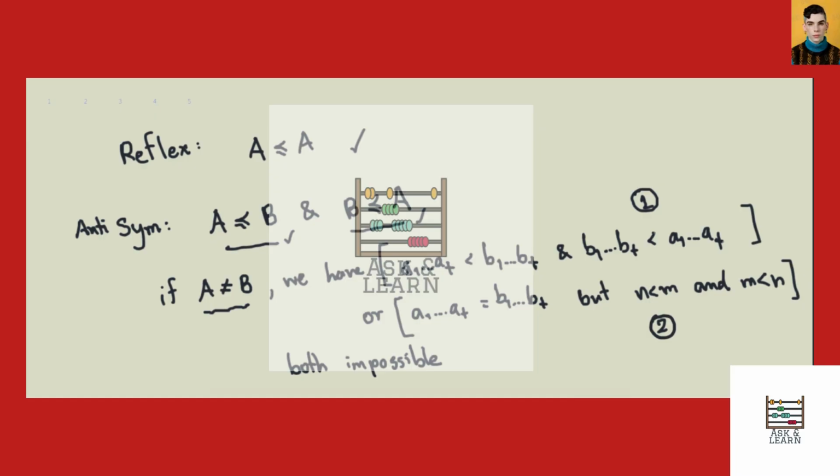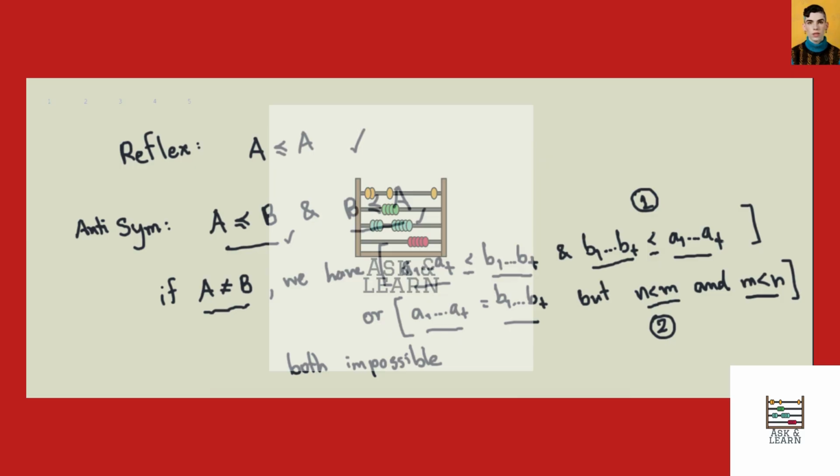One is that the strings of minimal length, like of length t, are both less than and greater than each other, which is impossible, right? The other is that within the minimal length, the words are the same, but then the length of A is both lower and greater than the length of B, which is not possible as well.